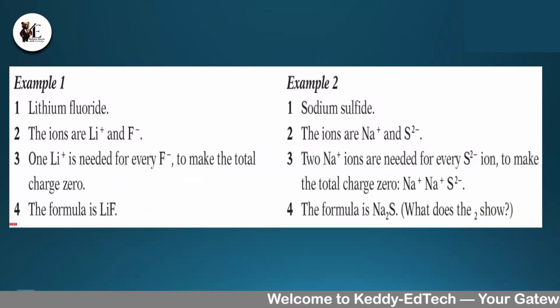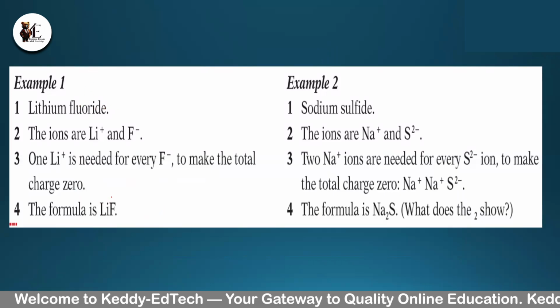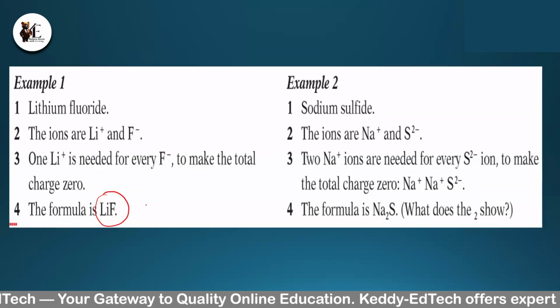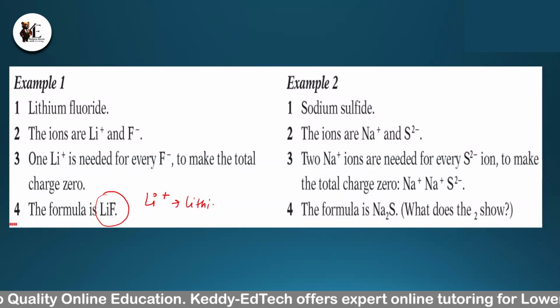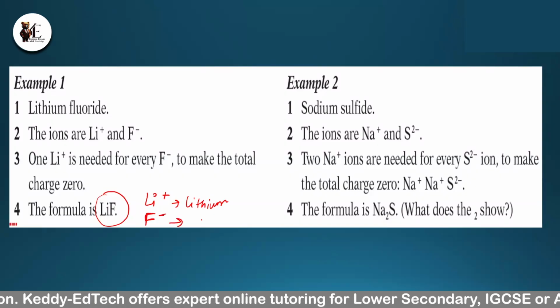This is another example of how to write the name of an ionic compound. If it is LiF, then what is its name? The positive part, lithium, remains as it is. It is lithium. And the negative ion is F minus. So what is it?